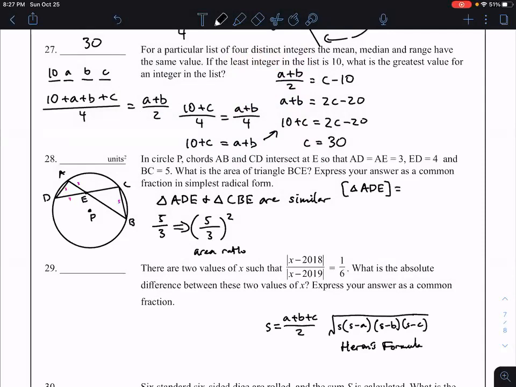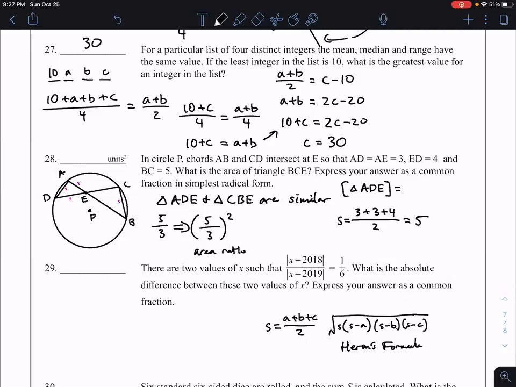And conveniently, we know all the side lengths of ADE. So we can solve for the area. First, we're going to want to find our S, our semi-perimeter, and that will just be (3 plus 3 plus 4) divided by 2, or 5.